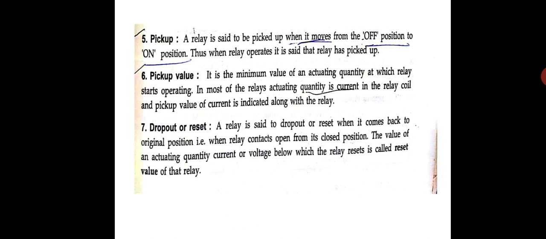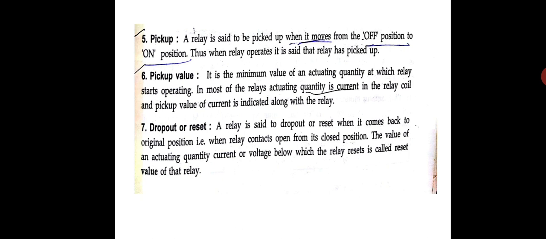Relay should operate because this is not normal current, this is fault current, right? For 15, will it operate? Yes. For 12, it may or may not. 11, don't know, may or may not. If a system is highly sensitive, it will also operate for 10.5 amperes. So the current for which it operates first is called the pickup value.